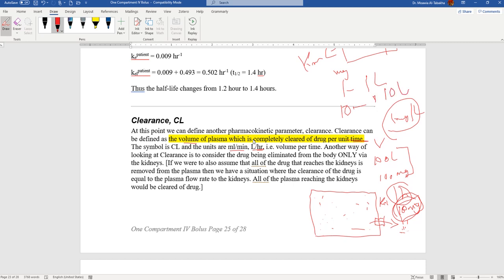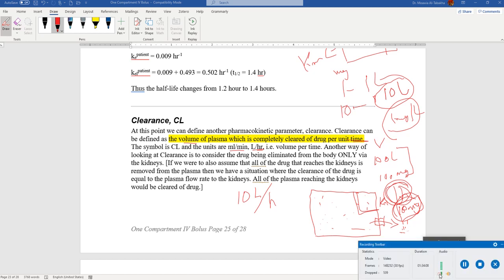Okay? So 10 liters, as if 10 liters from these 100 liters is completely cleared per unit time. What is the time in which the clearance happened? I told you 1 hour. That's why the clearance of this drug is written as 10 liters completely cleared of drug per time, which in this case is hour, so I put it as hour.